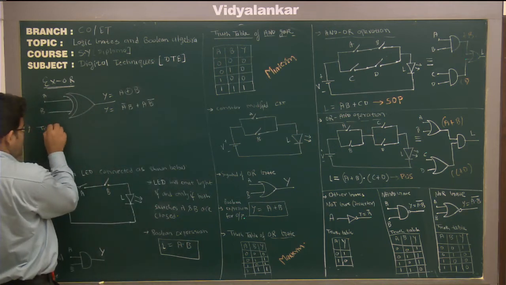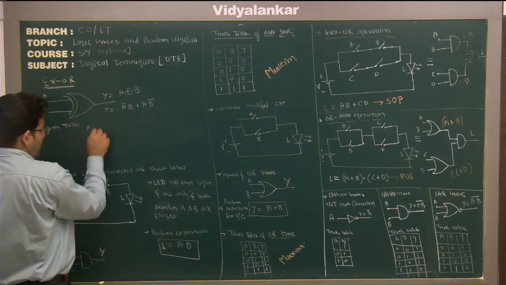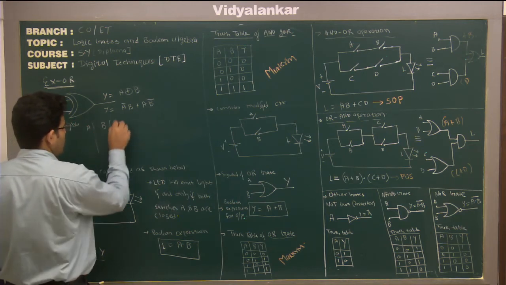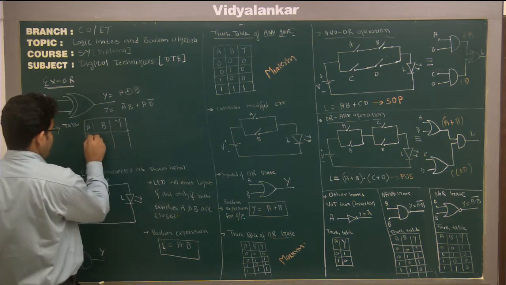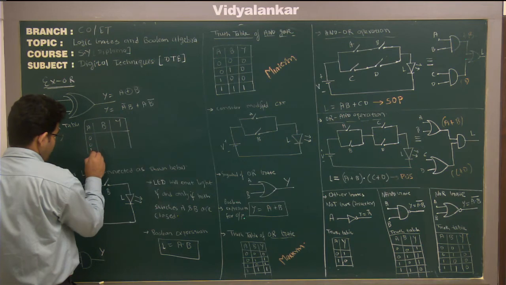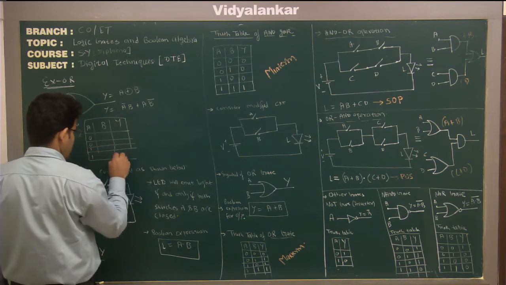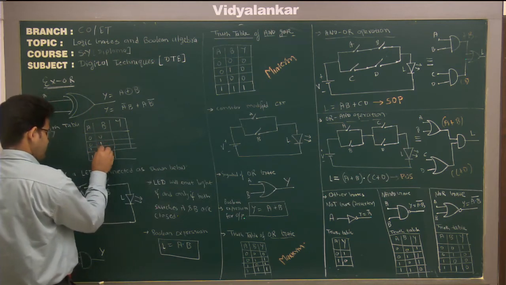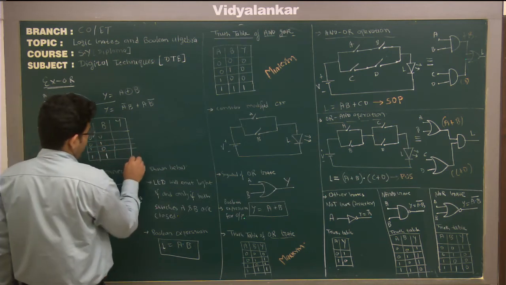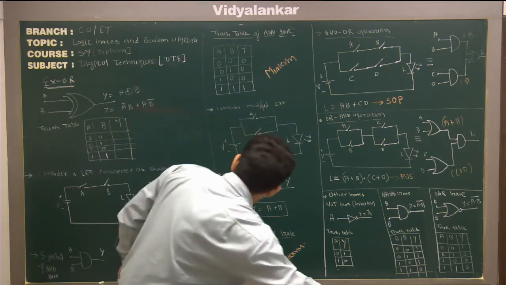Now let's see the truth table here. Truth table, A, B, two inputs, means 4 configurations or 4 combinations, and for each combination you have to find out the output.